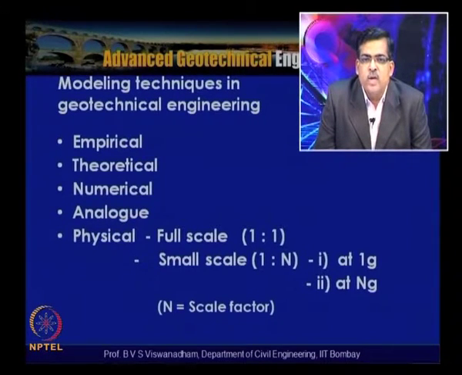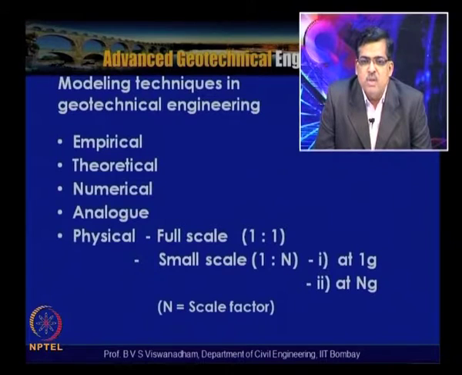One is full scale, at 1:1, that means the construction of a full scale structure. In many situations or many sites, the feasibility is a question, and controlled experimentation on a full scale model is next to impossible.